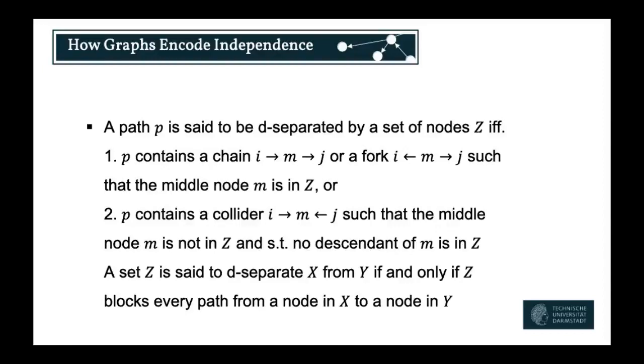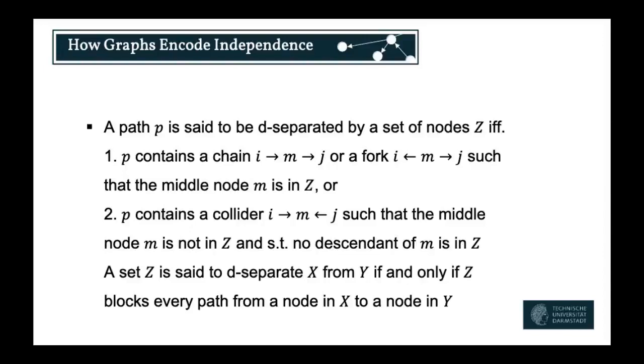So a path P, if we go through a set of nodes in our directed graph, is said to be d-separated by a set of nodes. For example, a path from X to Y is going to be d-separated by some set Z if the following conditions hold.